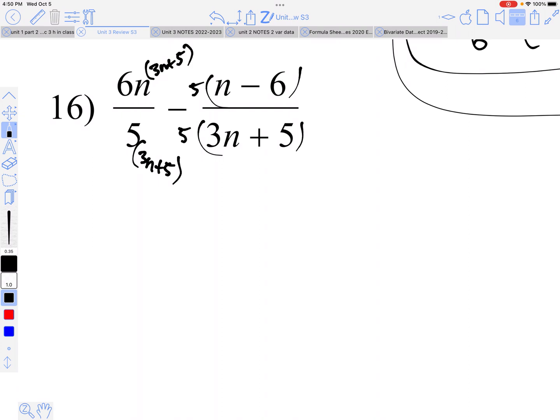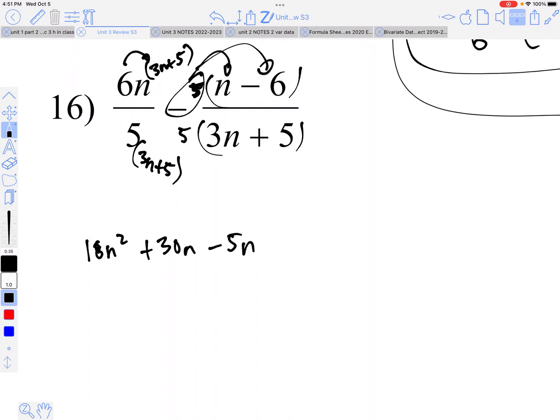Okay, so then on the left side, I'm going to distribute 6n into 3n, and I'll get 18n squared again. And then 6n times 5 will give us 30n. And now this is a little weird. We have a negative 5. Don't forget that subtract is going to be part of this 5 that we're multiplying here. So we're going to have to distribute a negative 5 in.